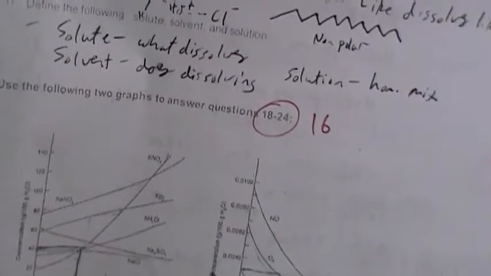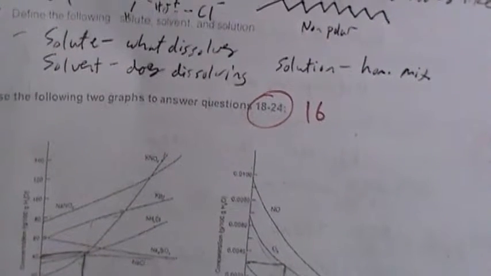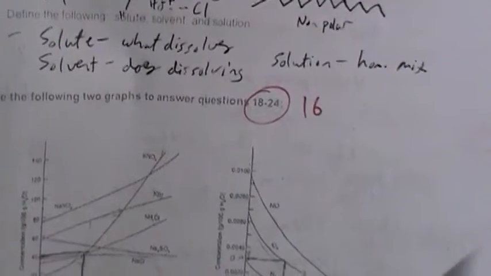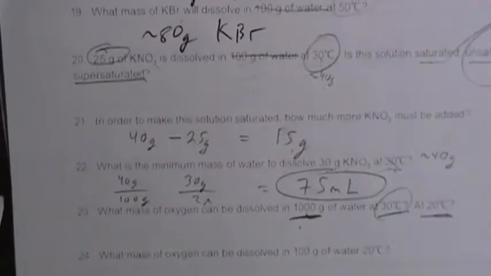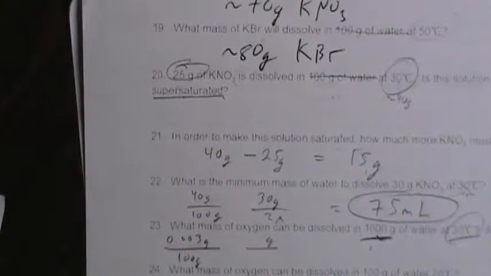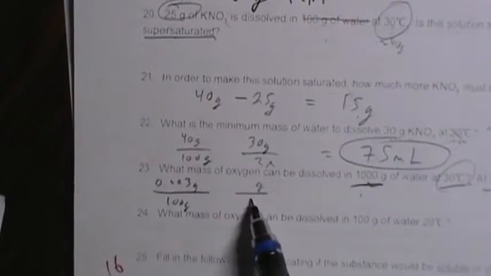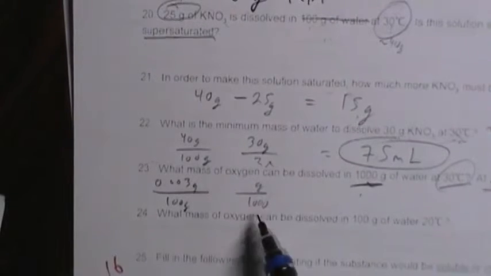And this concentration is in grams per 100 grams, so this is about 0.003 grams of oxygen. Alright, so if 0.003 grams of oxygen will dissolve in 100 grams, we want to know how many grams of oxygen will dissolve in 1,000 grams.